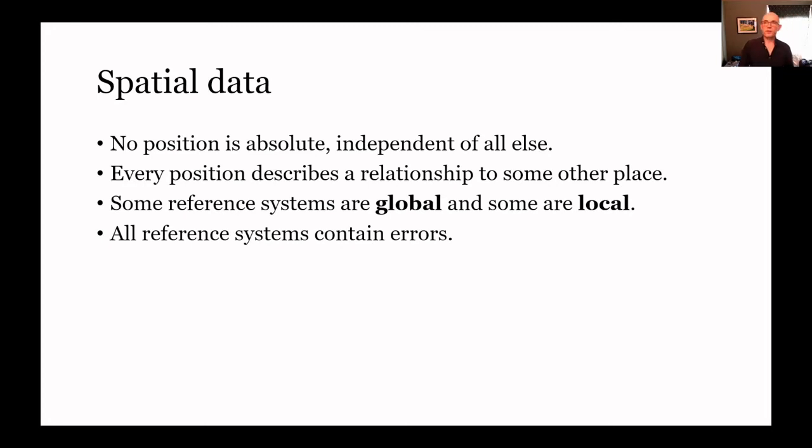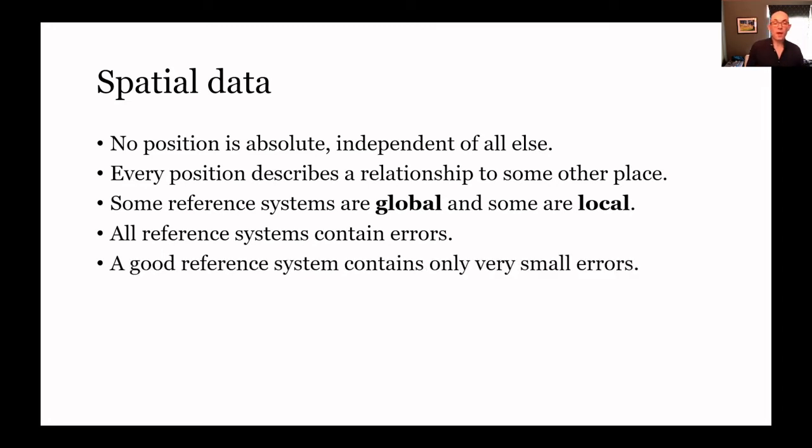All reference systems are wrong. They are all simplifications in some way. They cannot fully represent the entire surface of the Earth accurately. Just in the same way that a map is always wrong to some degree, coordinate systems contain errors. It's unavoidable.